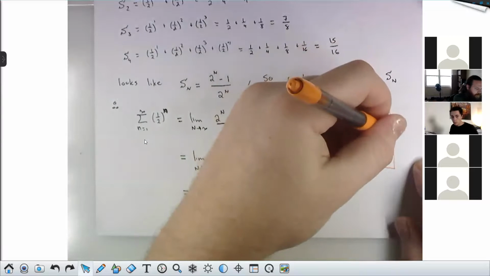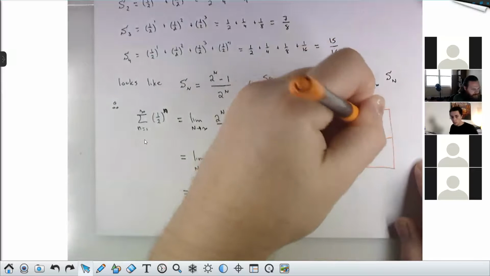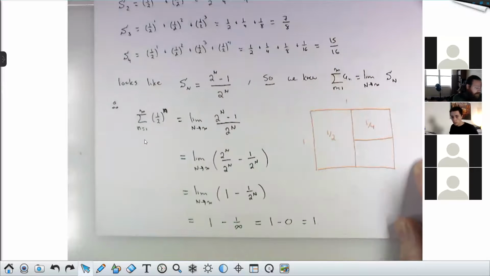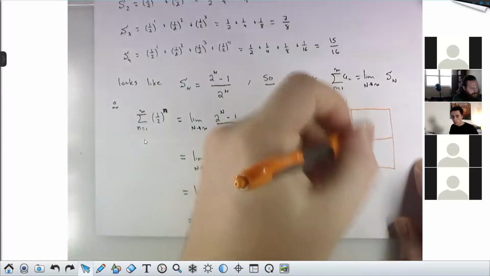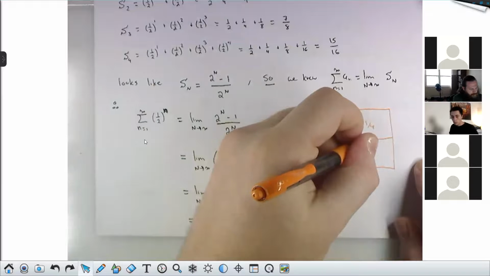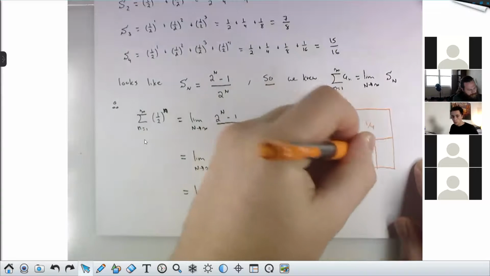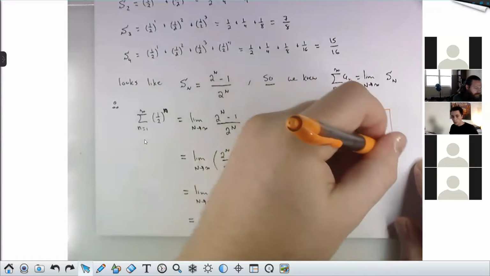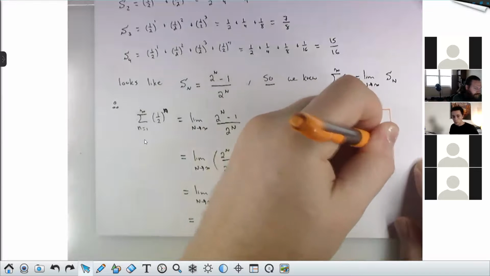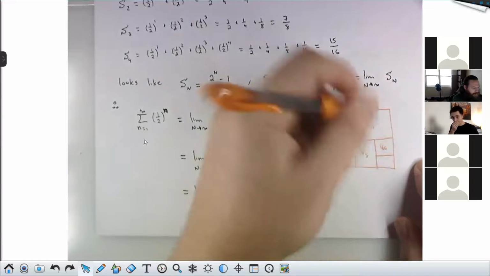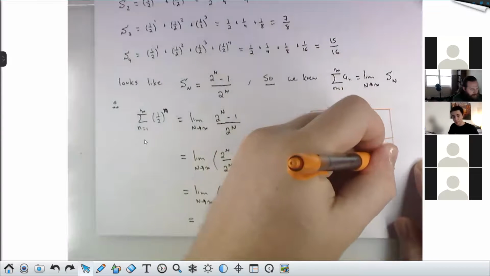And you continue chopping it up, each time bisecting what you have. This piece has area 1/4 now. Continue chopping it up. This piece has area 1/8 now. Continue chopping it up. This piece has area 1/16 now.